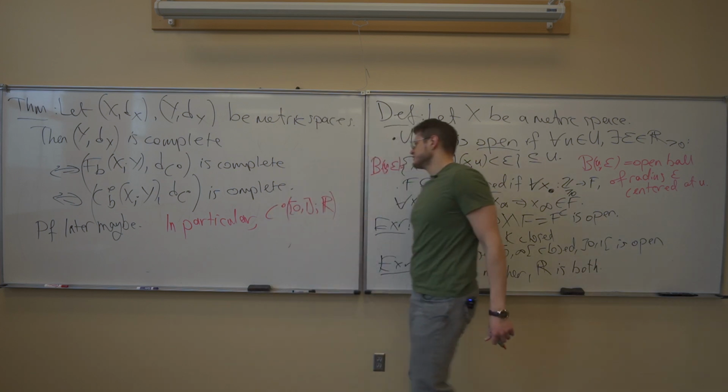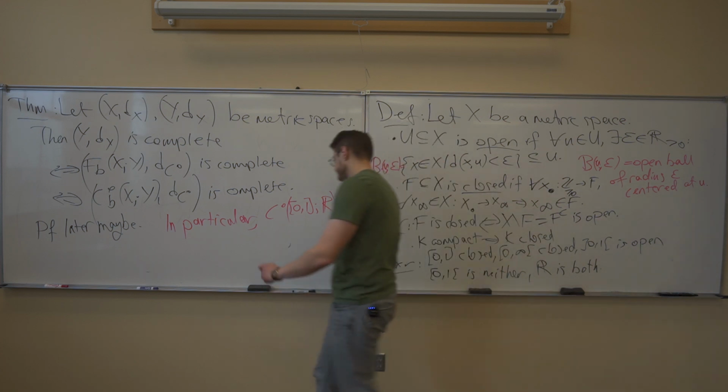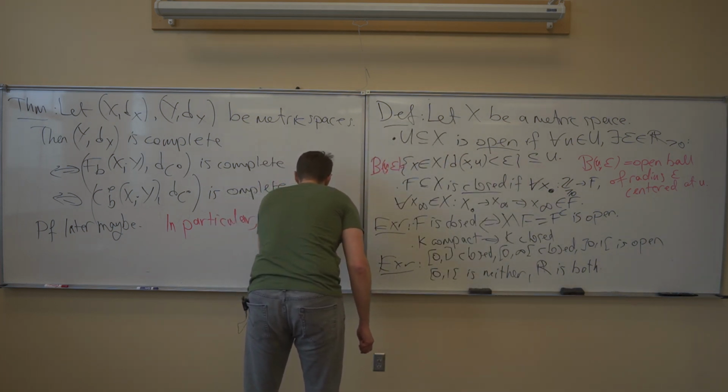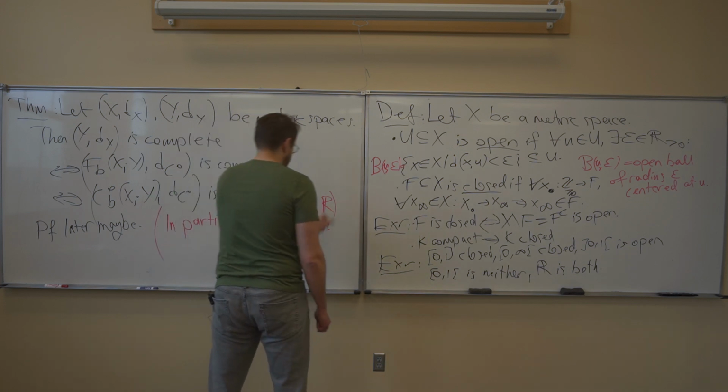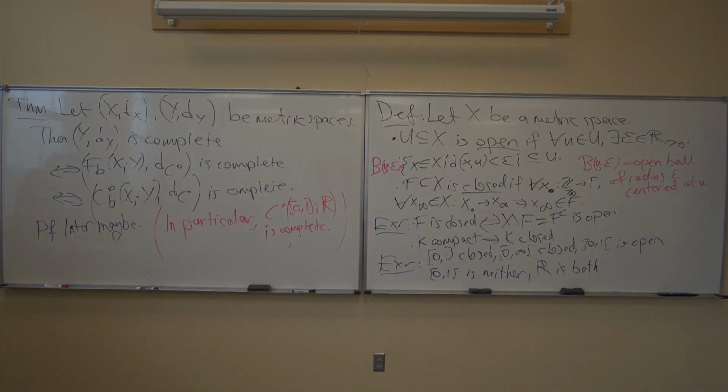The set of continuous functions taking real values defined on the unit interval [0, 1] is complete. Okay. Important stuff, but we have more important things to talk about, so I'm not going to spend too much time on this. Any questions?